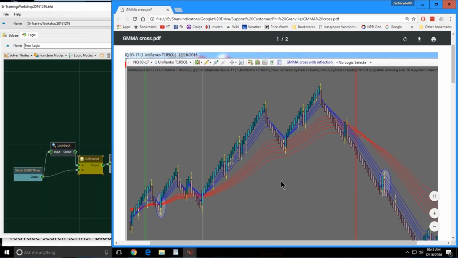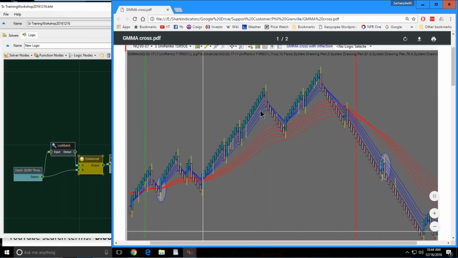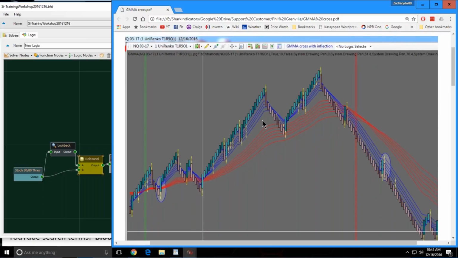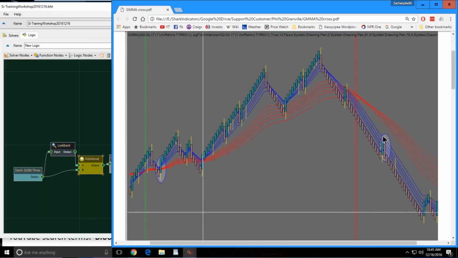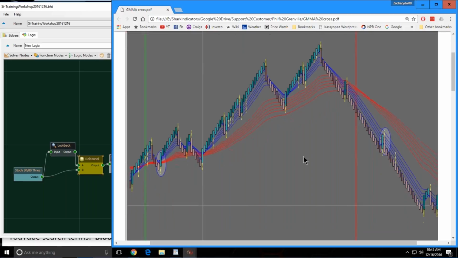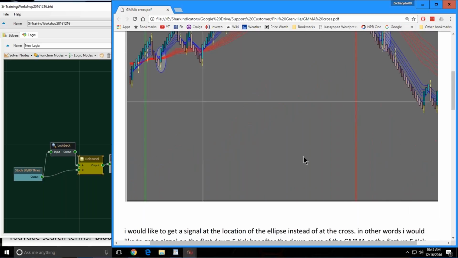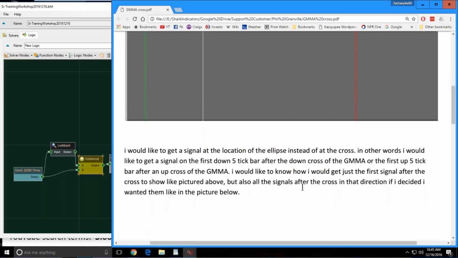Okay, so here's the screenshot, and I'm assuming that the blue and the red lines are the GMMA indicator. So the question is, we're looking for signals at the ellipses here. Here's the question.